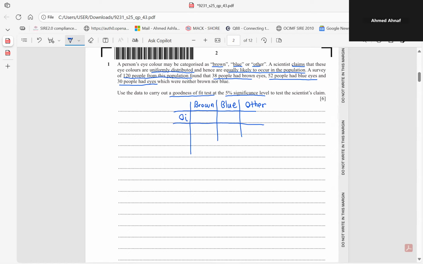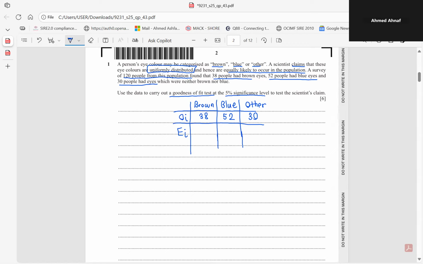So you can see 38 brown, 52 blue, and 30 other. Now write down the expected frequencies for each of these three categories. To do that, we're told that it was a uniform distribution, so the probability of having any of these three is the same.